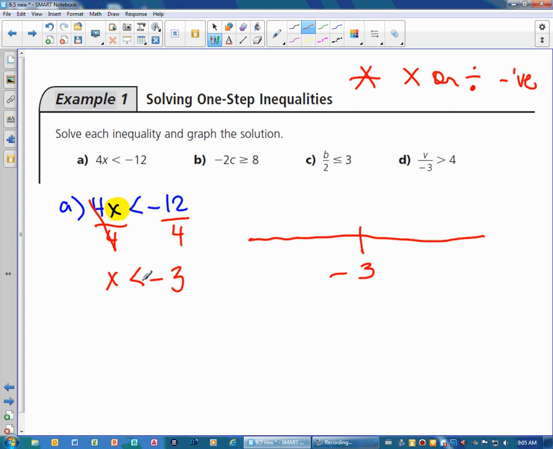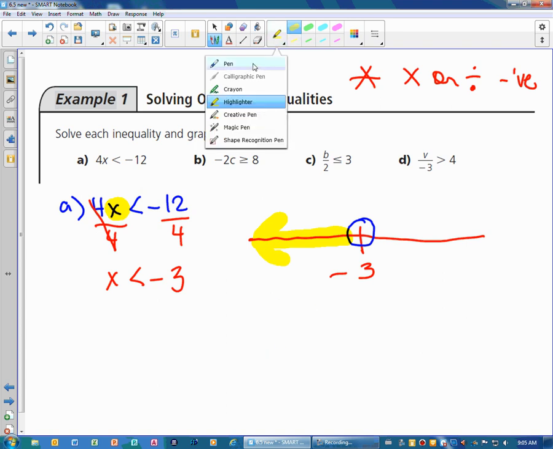X is less than negative 3, it's a less than sign, so it's going to be an open circle because it doesn't include it. Less than means the left-hand side, so with a highlighter or big pen, we shade this side of the number line. That's what the graph solution would look like.